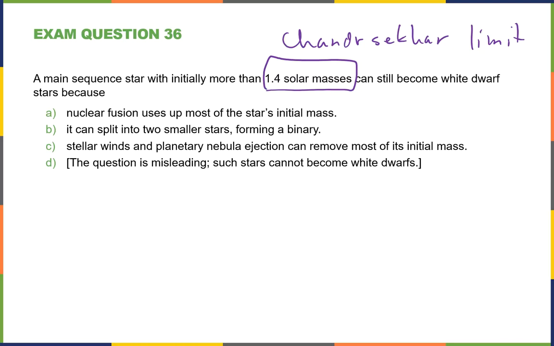Let's look at the other one. Nuclear fusion uses up most of the star's initial mass. Does nuclear fusion affect the mass? The answer is yes. E equals mc squared. The luminosity is the energy per time that's being generated by converting mass. So you can calculate the mass per unit time by taking the energy per unit time divided by c squared.